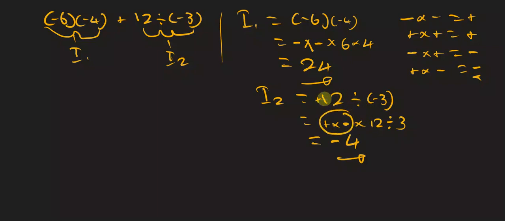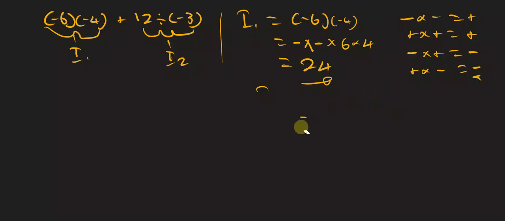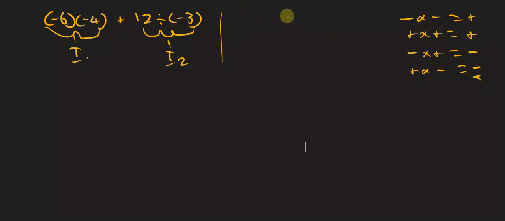It doesn't matter if you're dividing two numbers with different signs. Just take the signs and apply this. Right. So just negative 4 and 24. So this is equal to 24 minus 4, which is equal to 20.